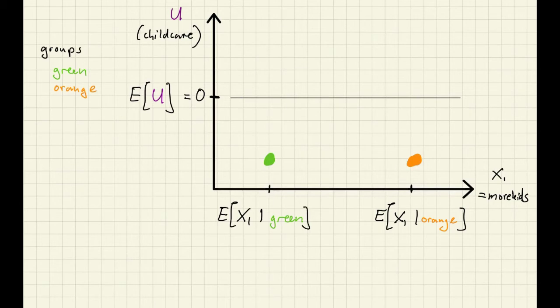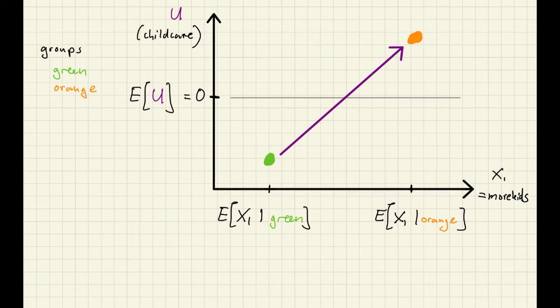For the OLS sorting, we argued that the green group has bad childcare options and therefore a below average u value, so it could be sitting right sort of at this level, and the orange group has good childcare options and therefore an above average u. We argued that this implies that OLS doesn't estimate a ceteris paribus effect, instead it estimates the effect of simultaneously changing x1 and u.